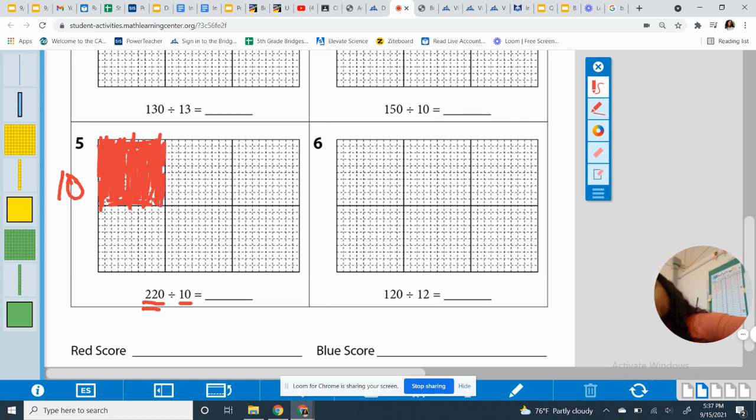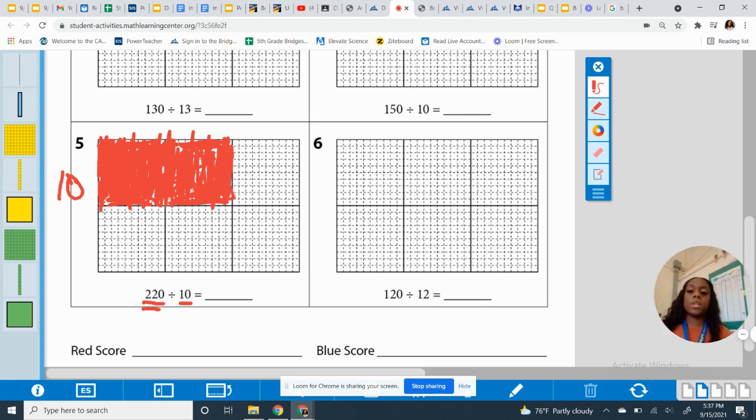Now we need another 100 at least. There's another 100, which would make 200.